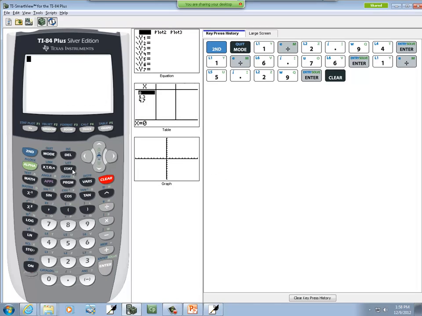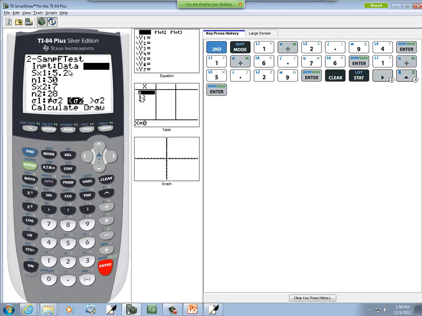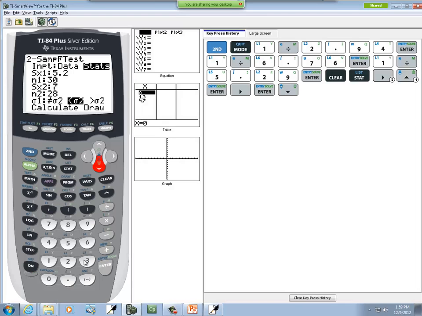Okay. So I press my stat button, go over to tests. Up arrow will probably get to it faster. And see, I have 2-samp F test. So I choose it. Now, if you're given raw data, of course you want to choose data, and it'll probably ask you to put one of the set of data in L1, one in L2. We got summary statistics. So if it isn't already highlighted, right arrow over, put your flashing cursor on stats, and press enter. Then down arrow, S1 is 3.3.